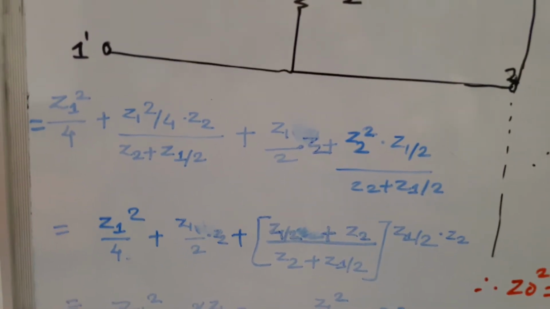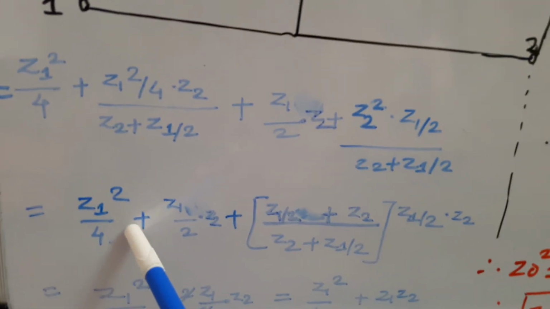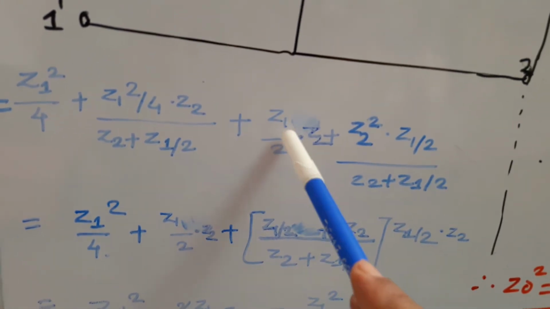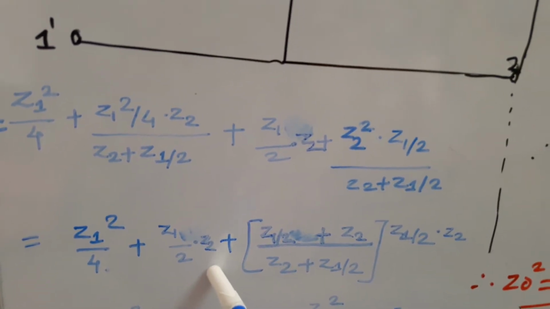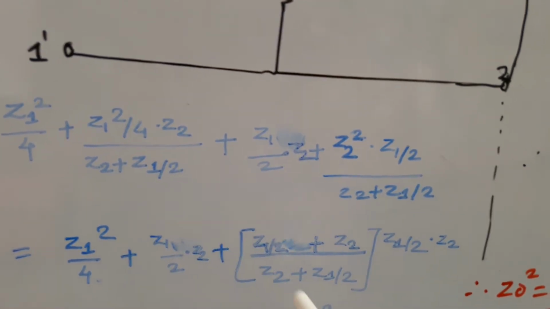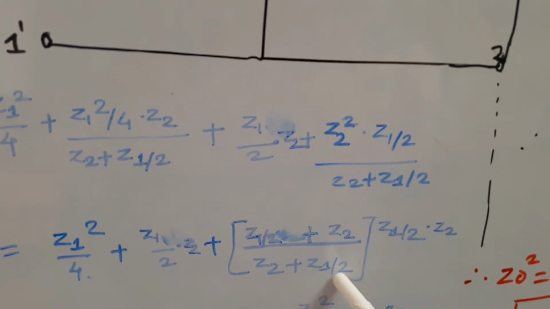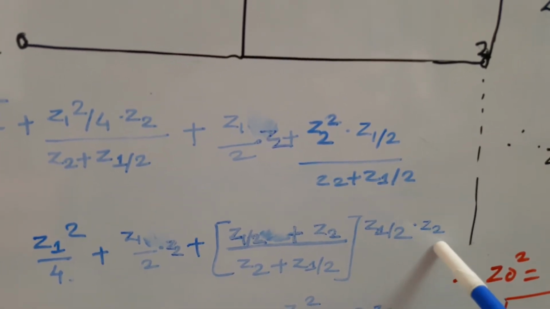Now make some shortcuts. Keep the first term as it is, Z1 square by 4, and keep the third term, Z1 by 2 into Z2, as it is. From the other two terms, as the denominator is the same, take it as LCM, and from the numerator take Z1 by 2 dot Z2 common.